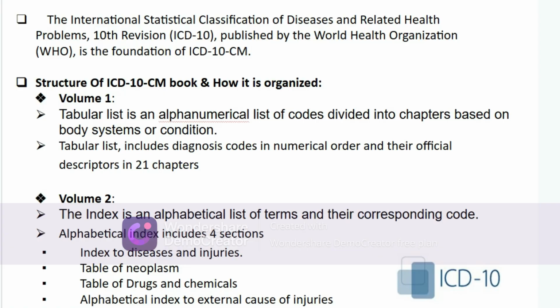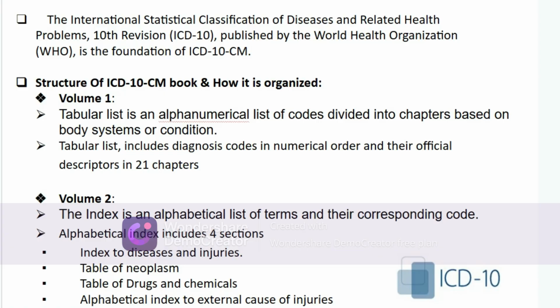Volume 1 is the tabular list, an alphanumeric list of the codes divided into chapters based on body system or conditions. The tabular list includes the diagnostic codes in numerical order and their official descriptions in 22 chapters.